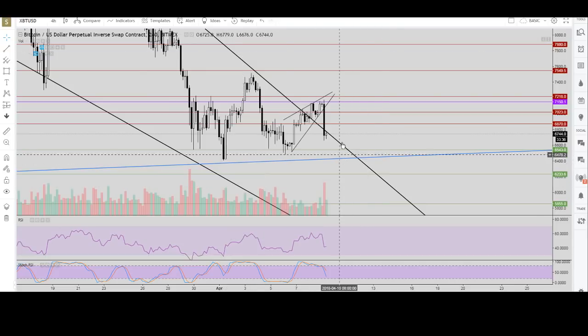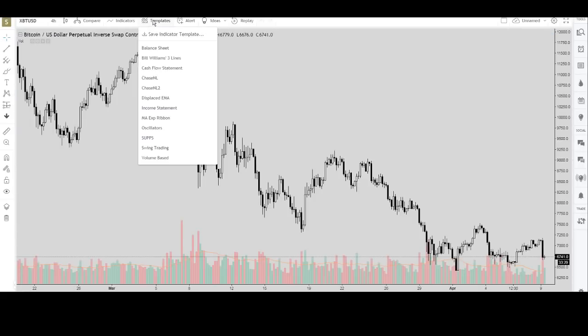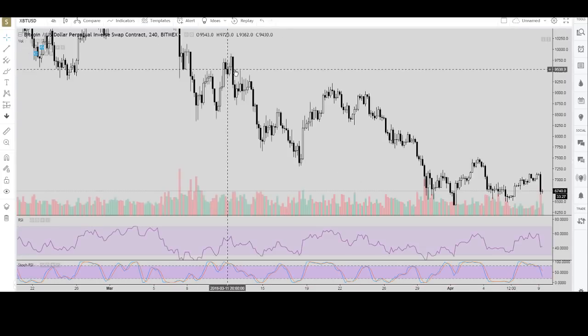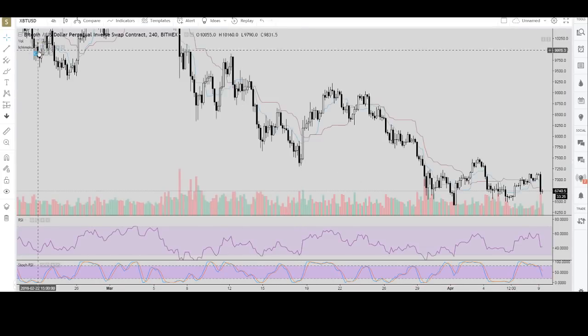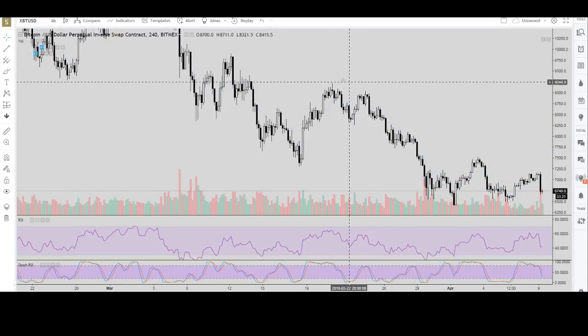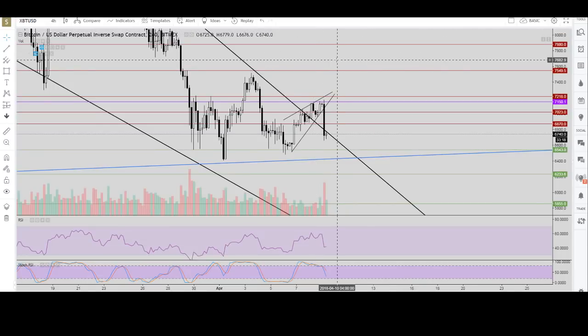And then anytime you start a new chart, you can simply go up to your templates, bring up your template, and now you have all your settings the way you had set them up previously. For me personally, I like to have a high time frame chart and a low time frame chart, and I like to have a chart that I don't draw on at all, which lets my mind stay clear and see the bigger picture.